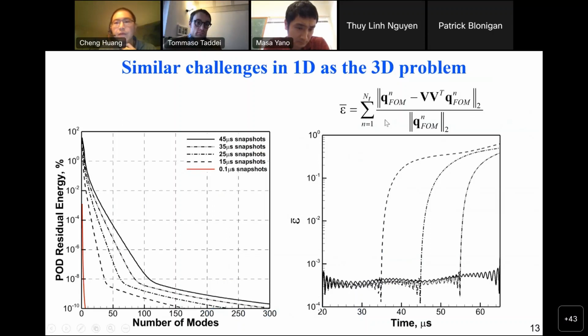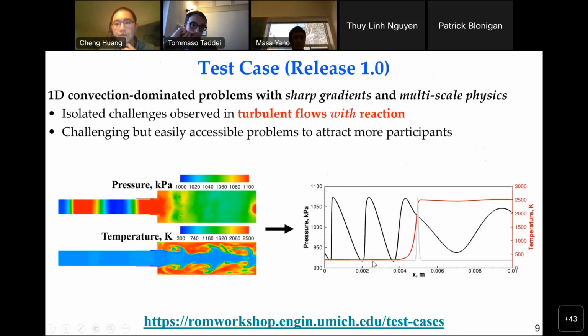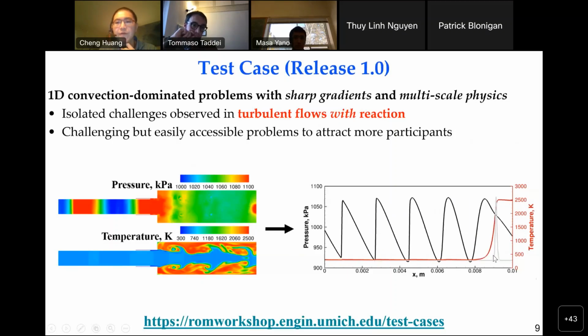As I said, we encounter the same issue as in 1D, and the issue is more revealing than in the 3D problem, because you can see we have the same issue by increasing the number of snapshots. Let me go back to that animation. The problem here is that the flame is moving from left to right. This is a transient problem.